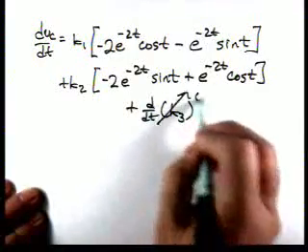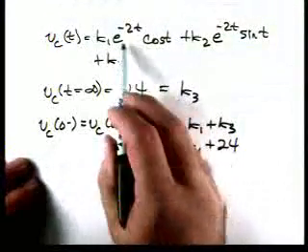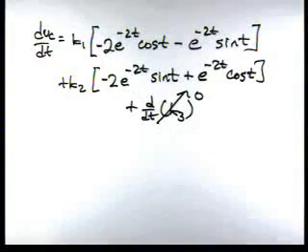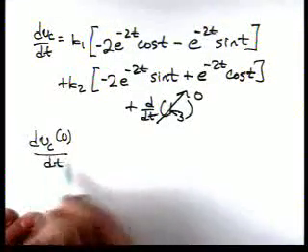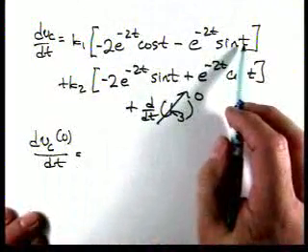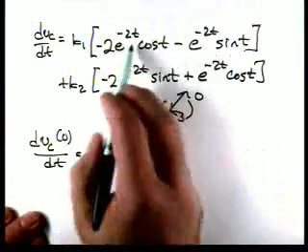So here we got to go in and do the derivative of a product, e to the minus 2t cosine t. Alright, now we've got all that. Let's now go in and evaluate this derivative at 0. So if we plug in t equals 0, that term goes away, and we're going to have minus 2K1.